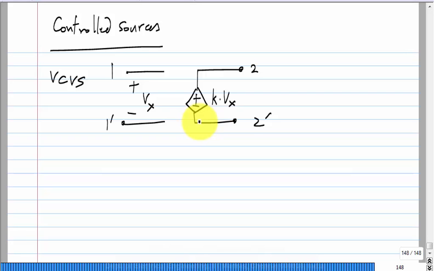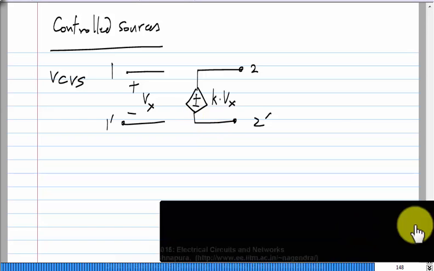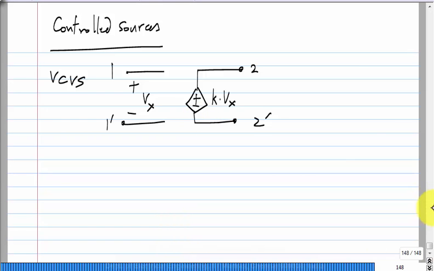So, which parameter set would you use to describe this? I asked you to evaluate all this yesterday, right? The dependent variable is V2, and the independent variable should be V1. So, V2 is K times V1.